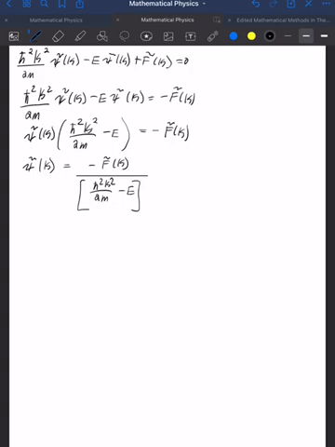So let's just remind ourselves of what those integrals are. psi tilde of k is equal to 1 over 2 pi times the integral from minus infinity to infinity of psi of x e to the minus I kx dx.